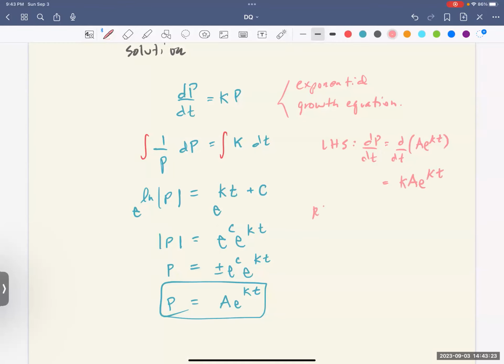If we calculate the right-hand side of our differential equation, kp, then we end up with k times p, that's k times our solution, a e to the kt, and look, we get k a e to the kt, and those left and right hand sides match, so it is a solution.